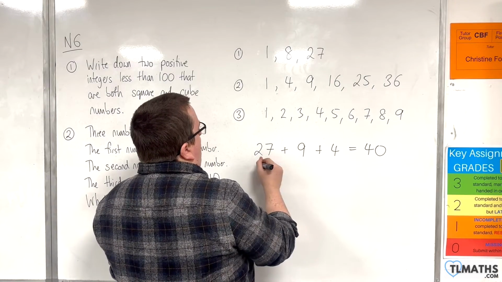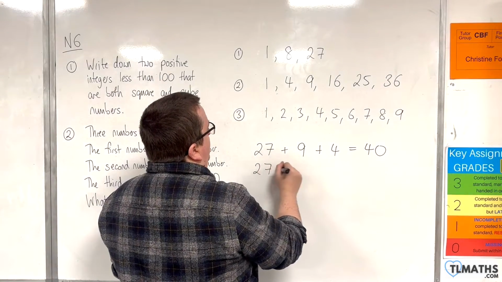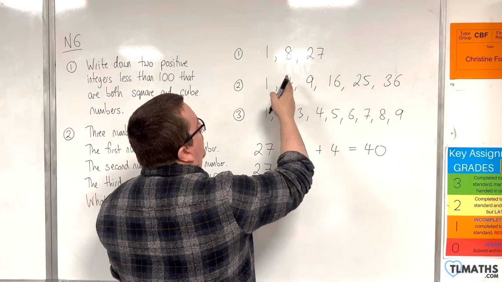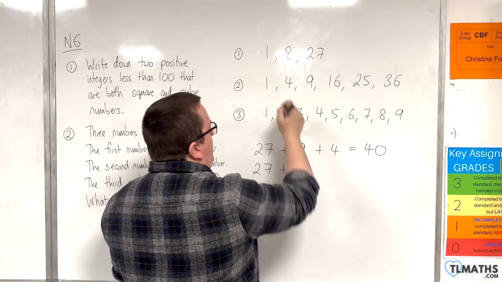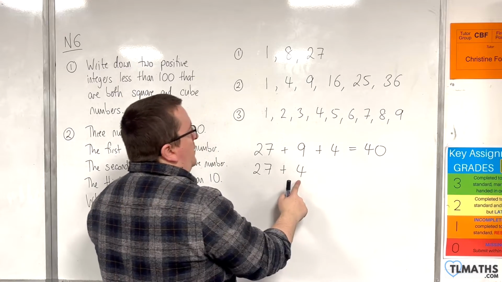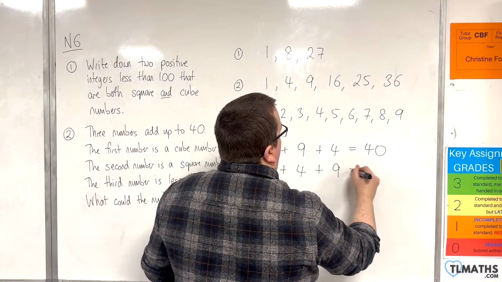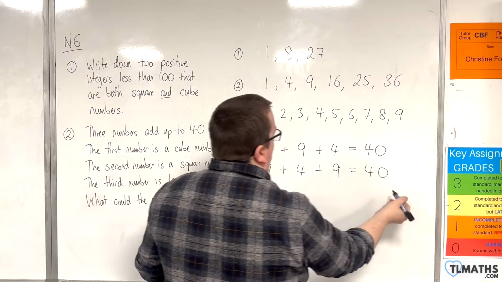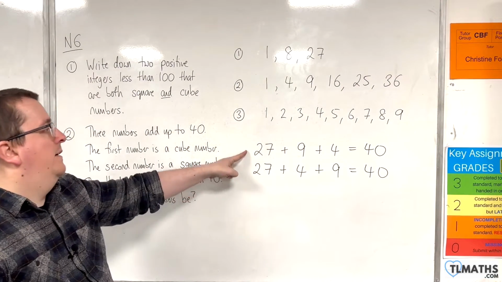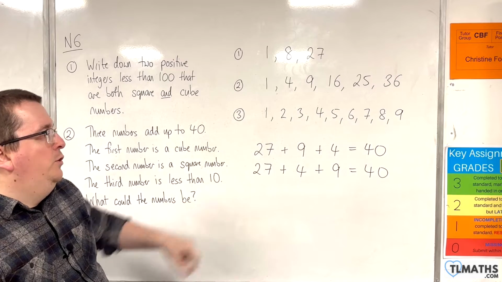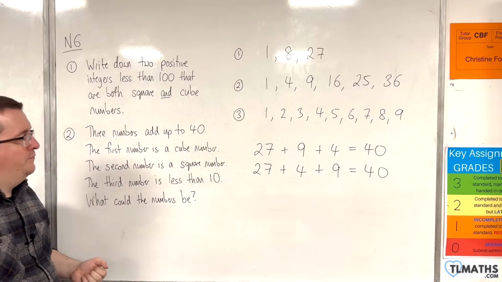Alternatively, we could have had 27 plus the 4 from this set, that would get us up to 31, plus the 9 from this set. And so that is 40. And that's exactly what we had here. Okay, so you could see those as interchangeable.